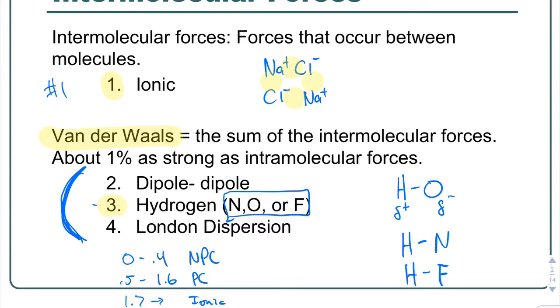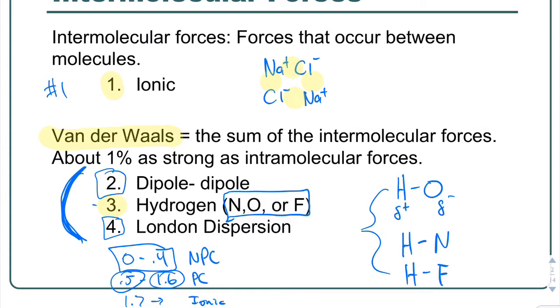So we're looking at fairly large differences with these three here, putting us closer to this range. So what if it's closer to this range right here? Well, then it's just what we would call a dipole-dipole. And then what if it falls in this area? What if it's not polar at all? Well, there's still some attractive force there, and we call that London dispersion forces.